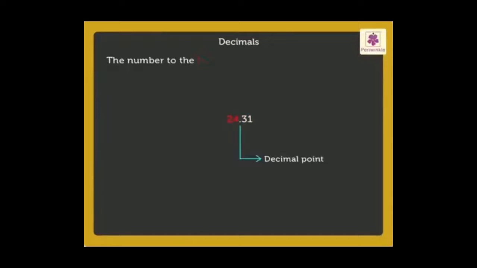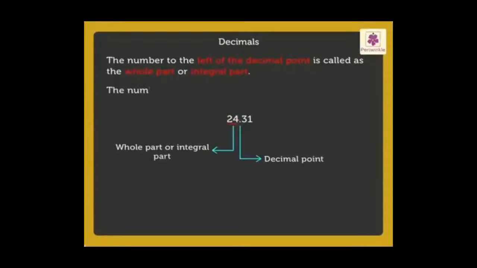The number to the left of the decimal point is called the whole part or integral part. Thus, the number 24 is the whole part or integral part. The number to the right of the decimal point is called the decimal part. So, 31 is the decimal part. The decimal point separates the integral part and the decimal part.